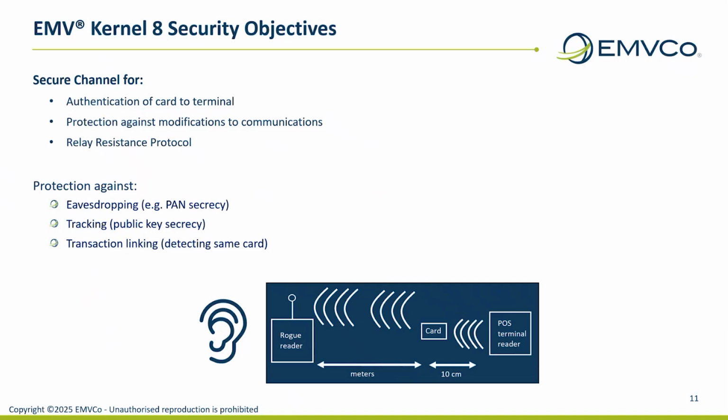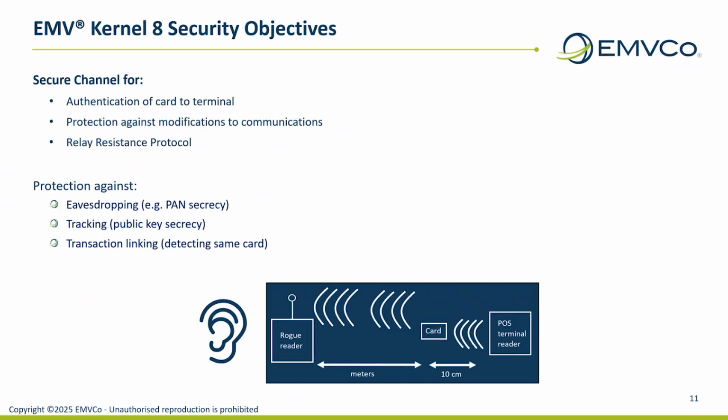As a reminder, a relay attack is typically where a fraudster makes a transaction at a legitimate merchant by relaying in real time the merchant terminal communications to a card of an unsuspecting cardholder. The relay introduces a communications delay, and this is what the relay resistance protocol detects. The secure channel also provides privacy protection.